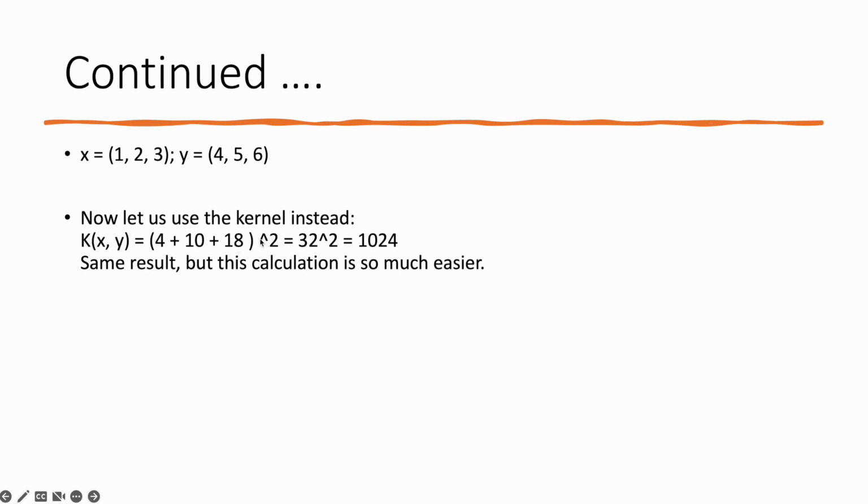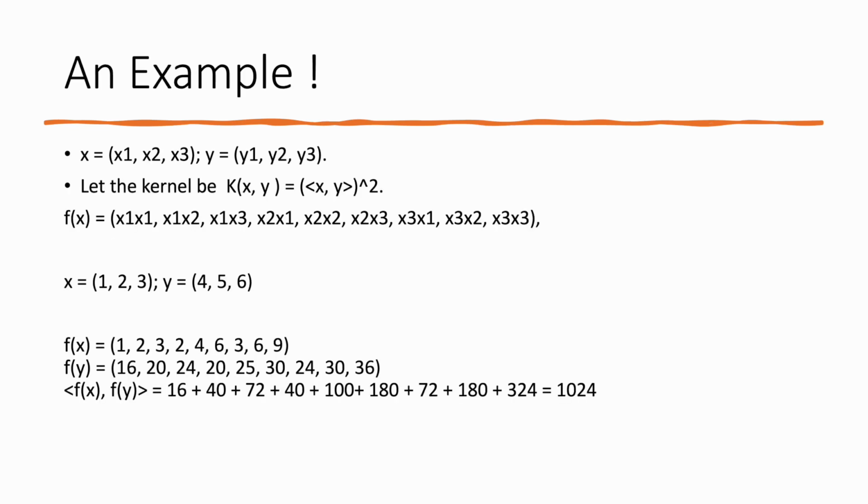And 1 more multiplication because we are taking the square after that, right? So 32 into 32 is 1 more multiplication. So how many total multiplications? 4 multiplications and additions to arrive at the same scalar quantity, which is the dot product in the higher dimension, 1024, right?